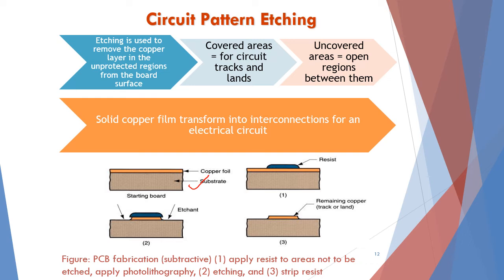The etching process will melt away the copper other than the photoresist area. After that you also remove the photoresist, and the remaining copper is the one that remains on the substrate.